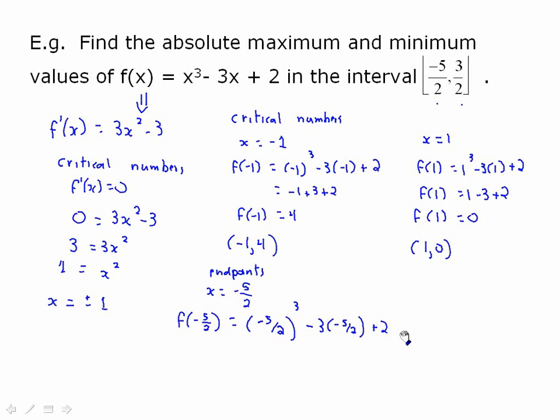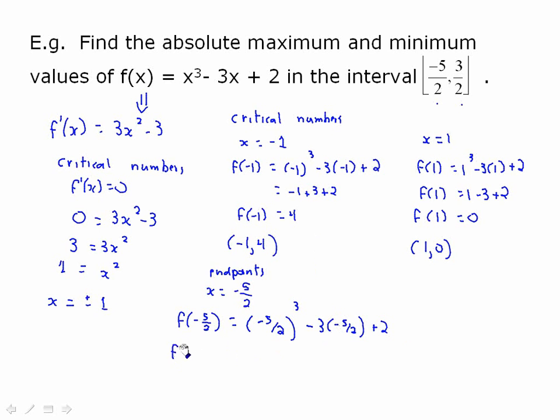And let's see what we get. So I'm going to go negative 2.5 to the exponent of 3 minus 3 bracket negative 2.5 close bracket plus 2. And I'm going to convert this into a fraction using my fraction key in my calculator, and I get negative 49 over 8.